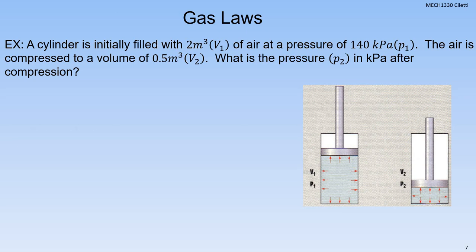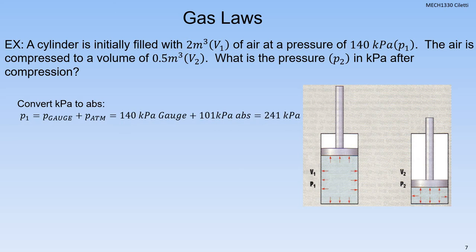So we're going to follow suit here with the same thing. We have to convert our kPa to absolute pressure, so we have to add atmospheric pressure. Remember, anytime we're using metric, atmospheric pressure is 101 kPa. So we take 140 kPa gauge plus 101 kPa atmospheric. That's going to give us 241 kPa absolute.